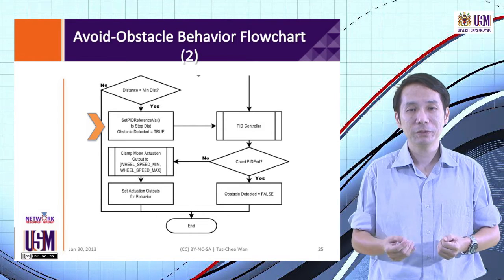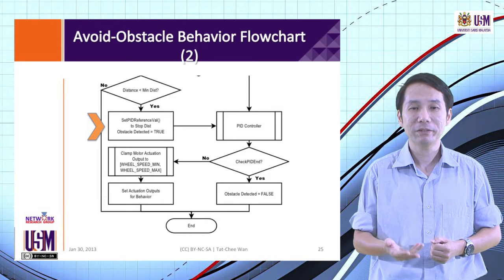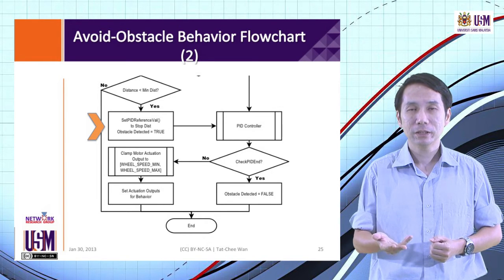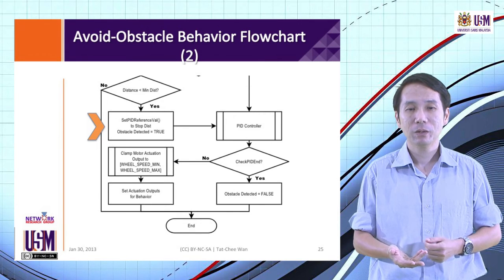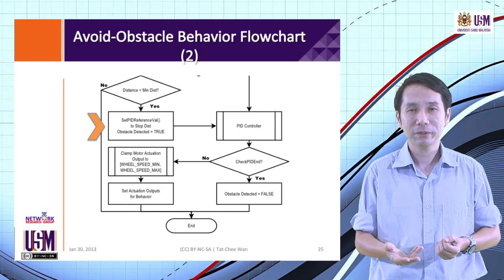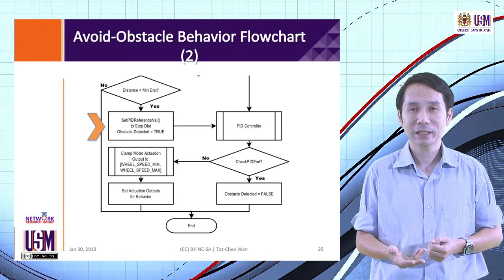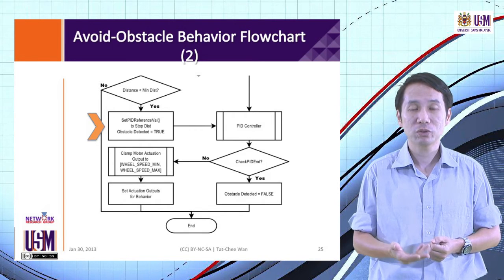When this happens, we will need to initialize the PID controller. This is achieved by setting the PID reference value to the stop distance that we have defined previously. Once we have initialized the PID controller using the defined stop distance, we will then indicate that an obstacle has been detected by changing the variable to true.